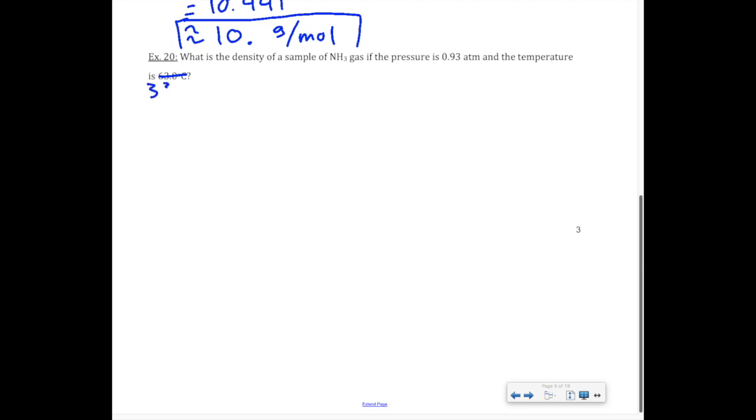So that's going to be 336 Kelvin. I know my pressure, I know my temperature, and I can figure out the molar mass, or the molecular weight. Simple enough. The molecular weight of NH3 is going to be the molar mass of nitrogen, which is 14, plus 3 times the molar mass of hydrogen, which is 1. So it's really going to be 17 grams per mole.